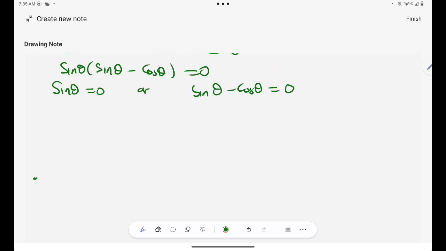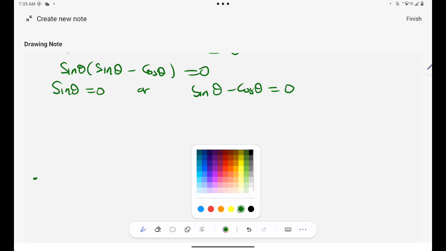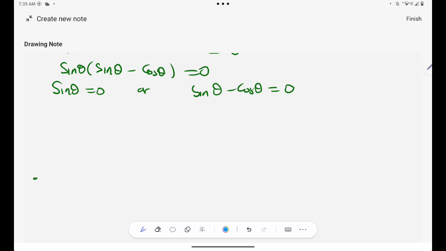For the first one, let me write in blue. I'll first find my reference angle, right? I'll simply say sine inverse of 0. I know I'll get 0, right? Then I must express 0 where sine is positive. So what will I do?